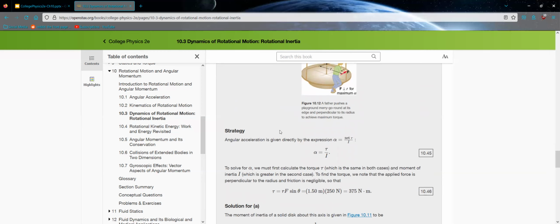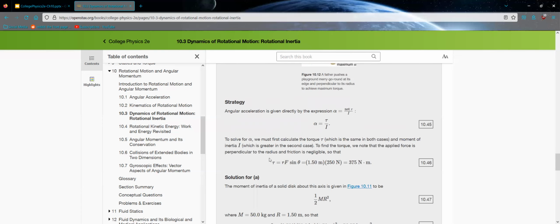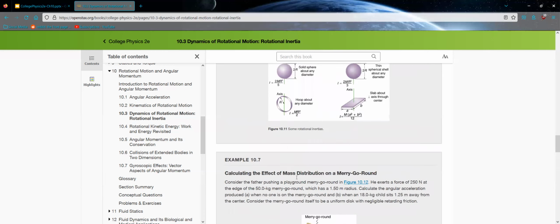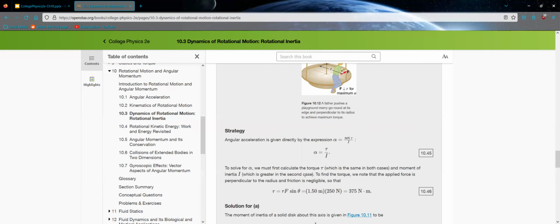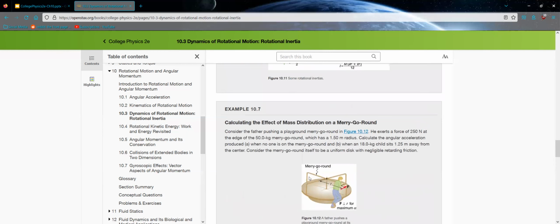So we have to consider what we're talking about here. Angular acceleration is given directly by a known expression, tau divided by I, I being the inertia, tau being the torque. Two things we've already talked about in previous chapters. We're bringing those together again here, right? To solve for said acceleration, we need to calculate the torque, which is not given to us. But the torque is the same in both cases, because we know the force applied.